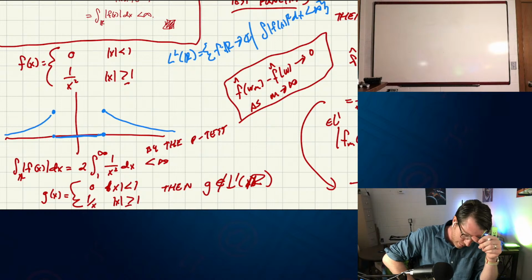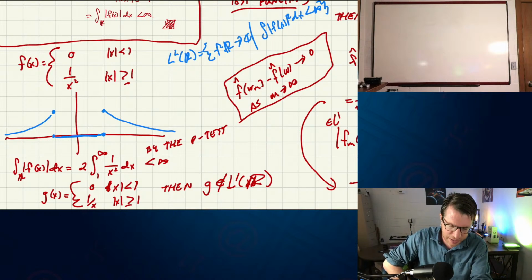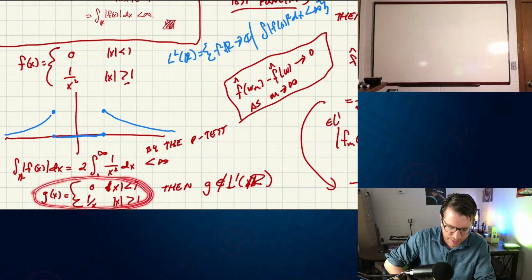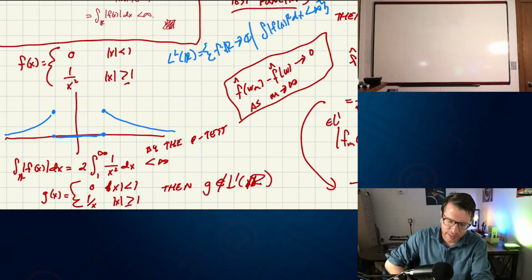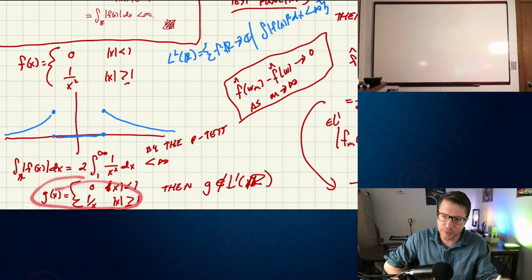So you can have functions that are actually in L2, but are not in L1. For instance, this g of x here is in L2, because when you square x, you're going to have 1 over x squared in that integral, and so that makes this finite. But this is not in L1, so that's where we end up running into some trouble.